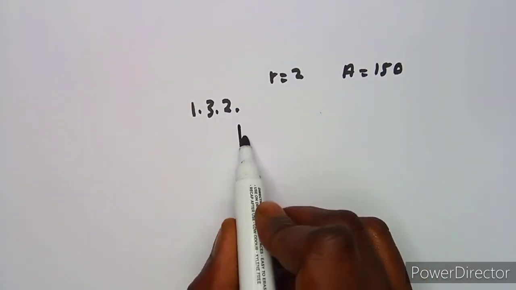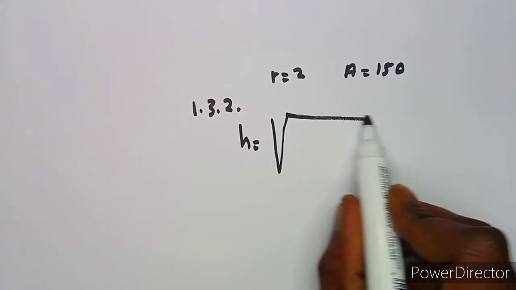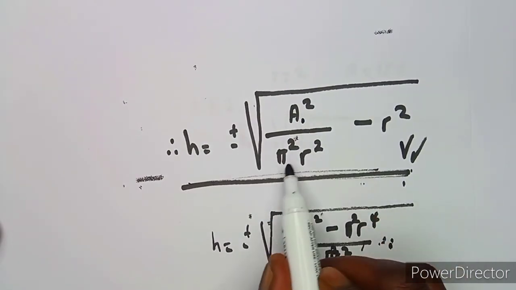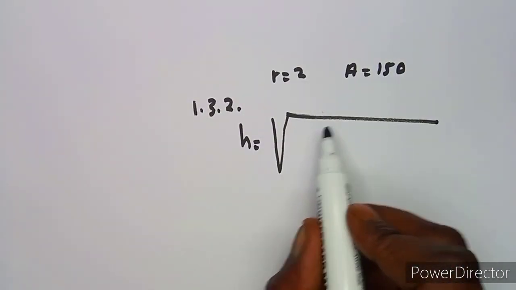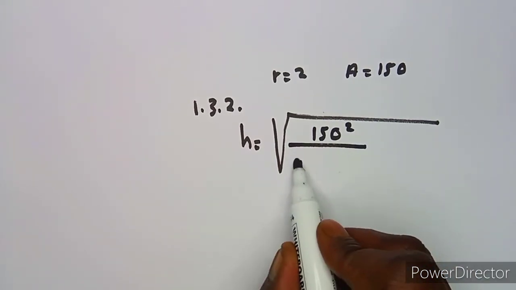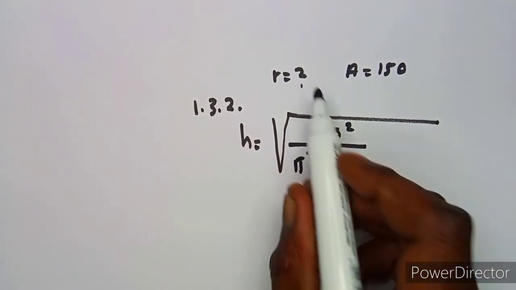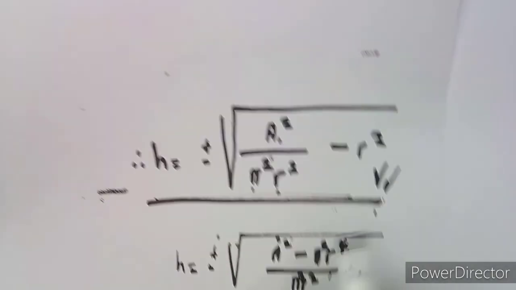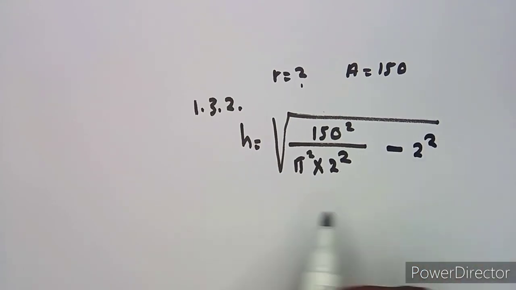So remember that our h is equivalent to the square root of a squared over pi squared. So it's going to be a squared, which is 150 squared, over pi squared times r squared, which is 2 squared, minus r squared, so minus 2 squared, like that.